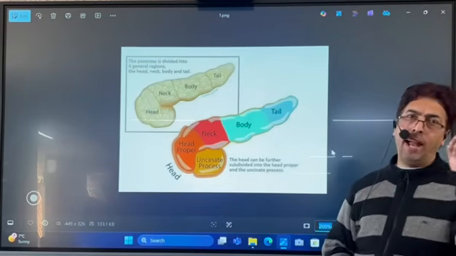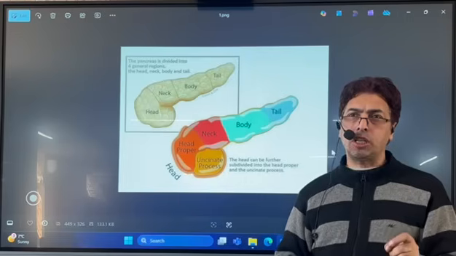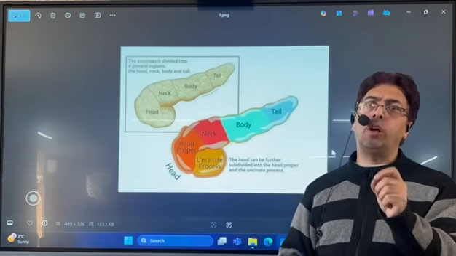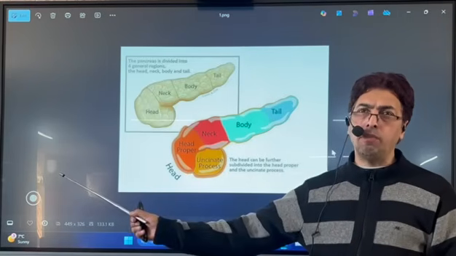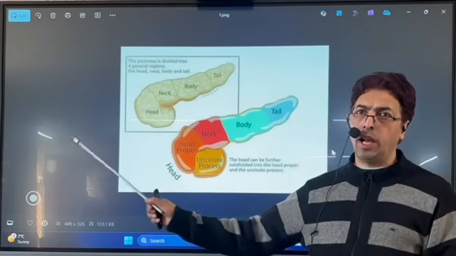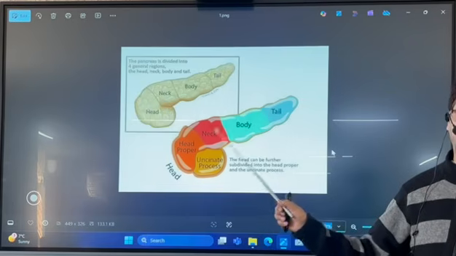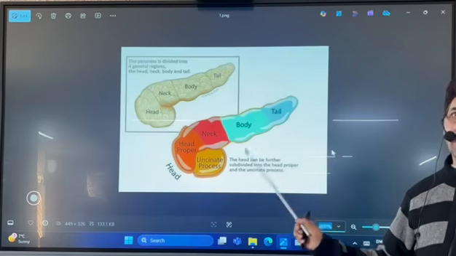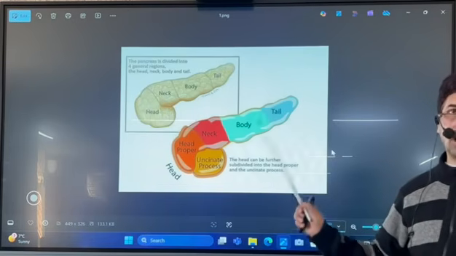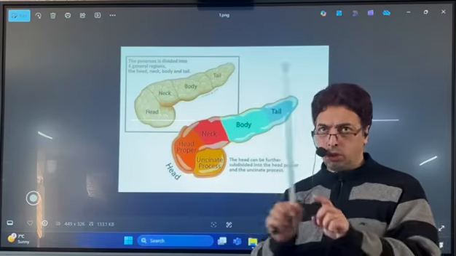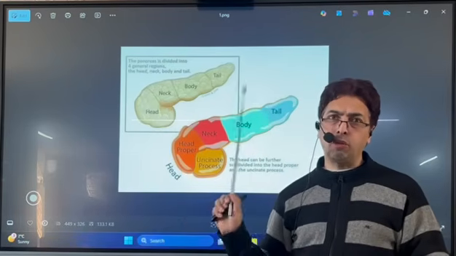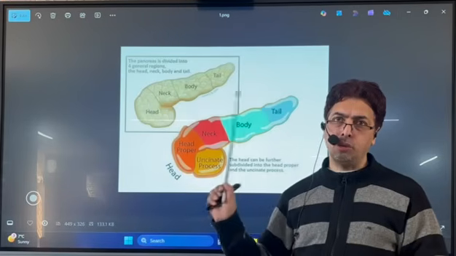So the head, the uncinate process, the neck, the body, and the tail. Starting from this would be which side? The right side, and this would be the left side. The head, the neck, which is the constricted part, the body, and the tail. So these are the parts going from right to left.